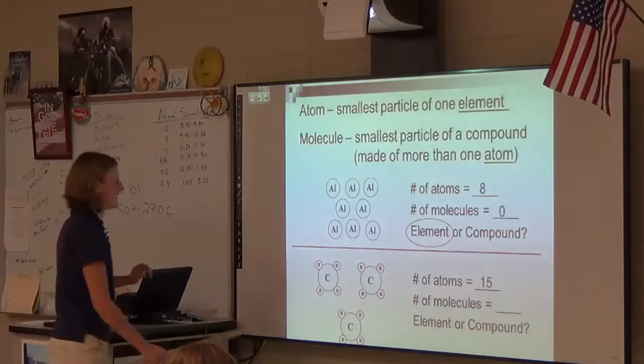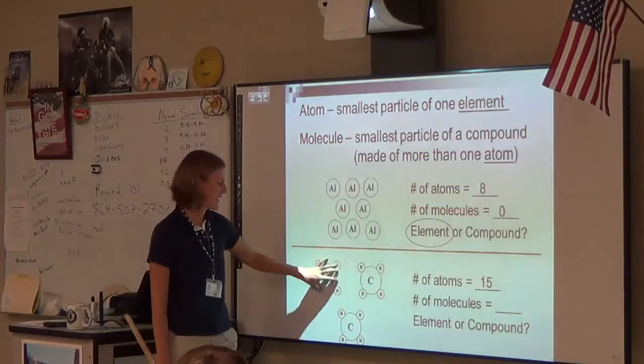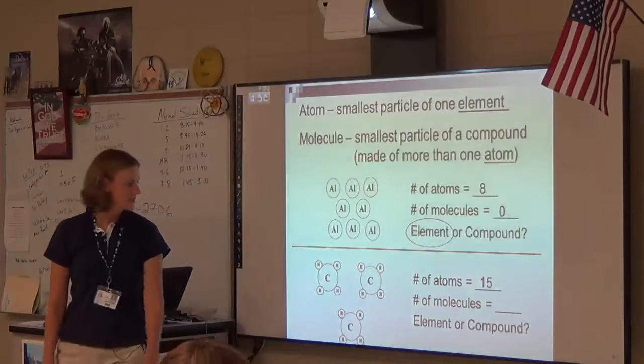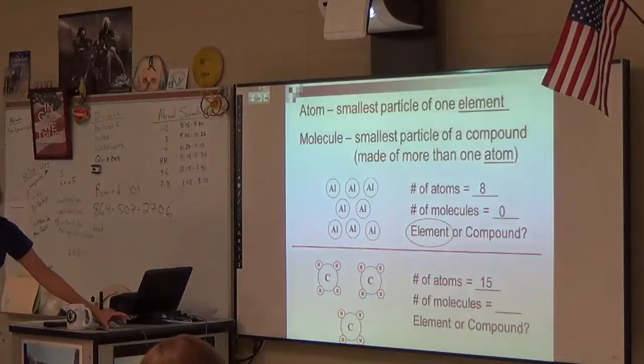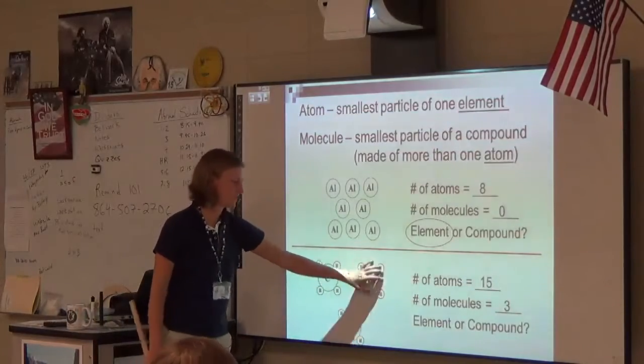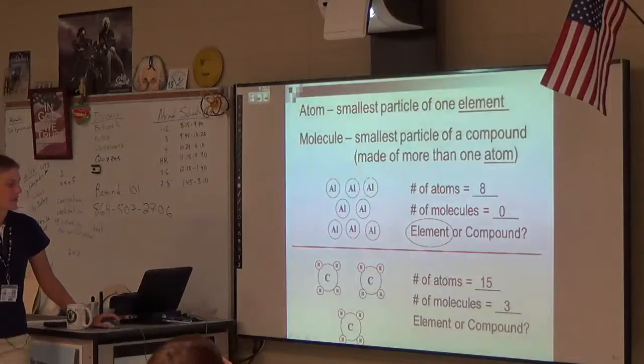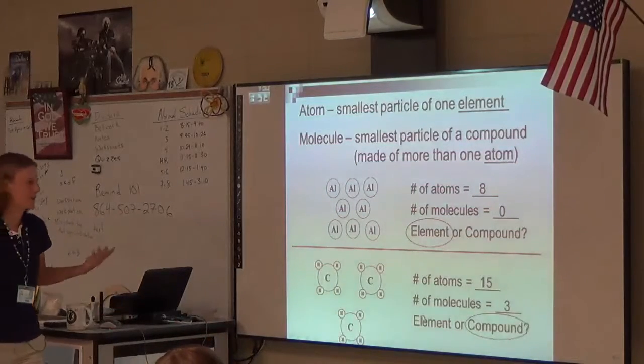They're all atoms, because the C in the middle counts as well. Every individual circle is simply representing an atom, including the C's. How many molecules? 3. Good, 3. Those would be your groups of atoms bonded together. So 3 molecules in this picture, 15 individual atoms. Is this an element or a compound? Good, this must be a compound.